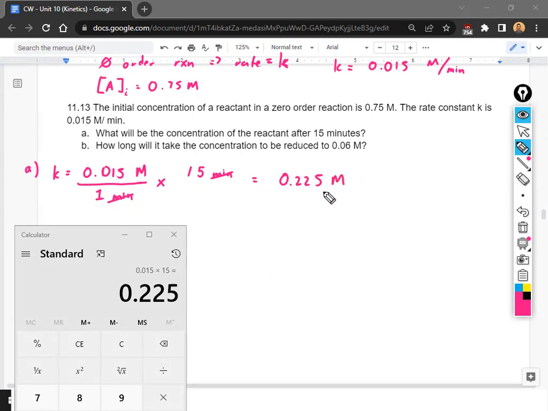From there, you take your initial, 0.75 molarity, and subtract 0.225 molarity. So the final concentration will be 0.525 molarity.